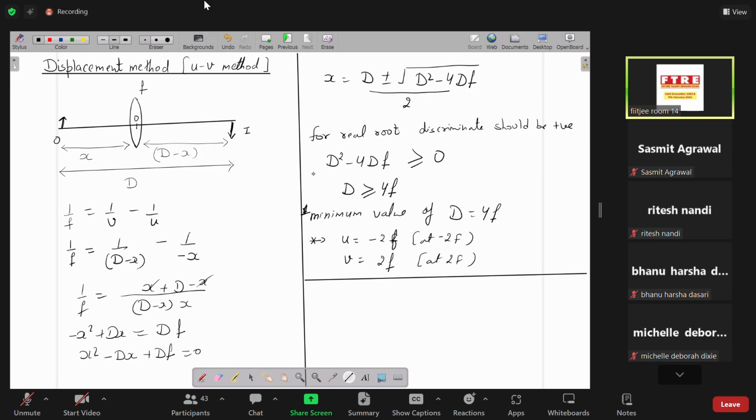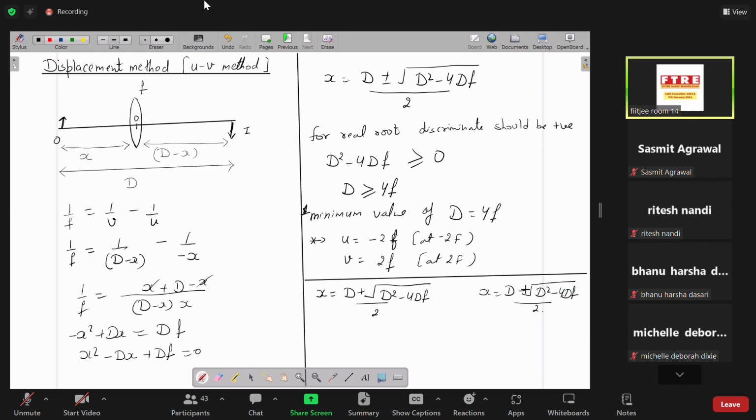Now, write down the roots of x. So, the roots of x will be d plus under the root of d square minus 4df by 2 and x is equal to d minus under the root of d square minus 4df by 2.